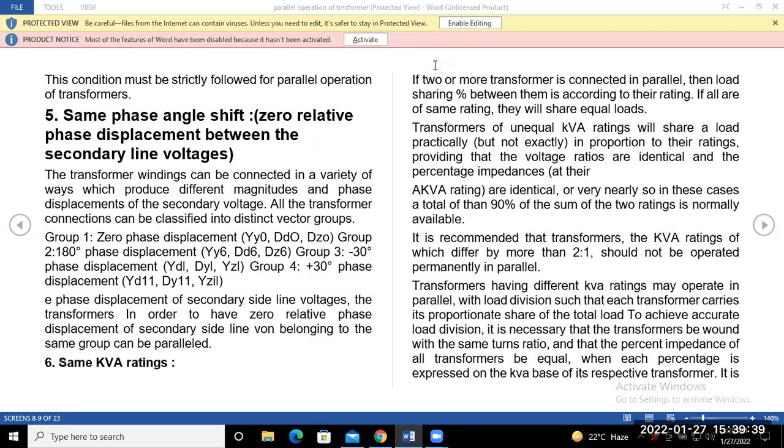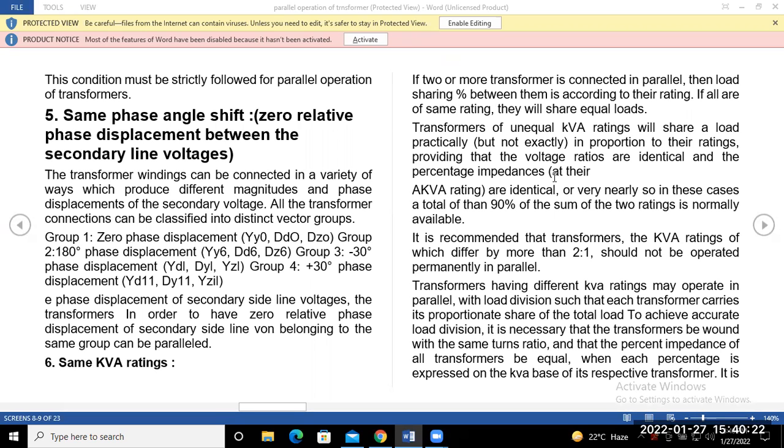Suppose at the initial condition a 25 MVA transformer is already installed, and after some time when the load increases in a particular area, you need to install another 25 MVA transformer and connect both in parallel. Their load share between these two transformers is equal, and if the kVA rating of the two transformers changes, their load sharing percentage also changes according to the kVA rating.